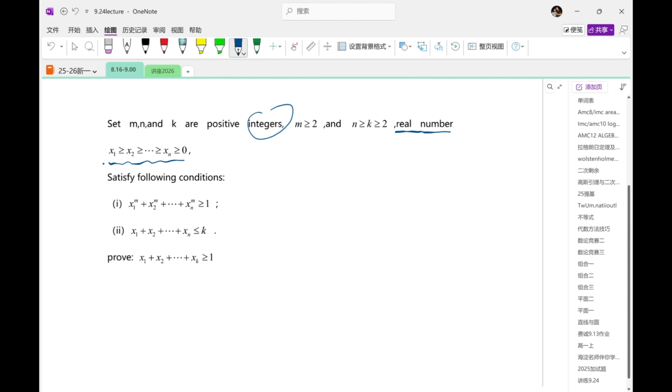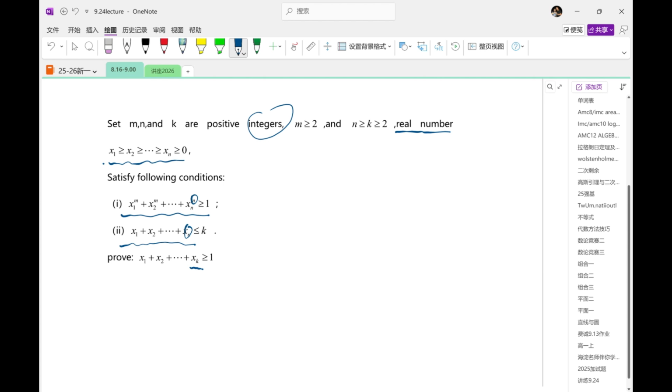The first condition is x_i to the power of m, where m is an integer, and the second is for x_1 is linear. We need to prove that x_1 plus x_2 plus ... plus x_k, up to x_k, not x_n, is greater than or equal to 1.